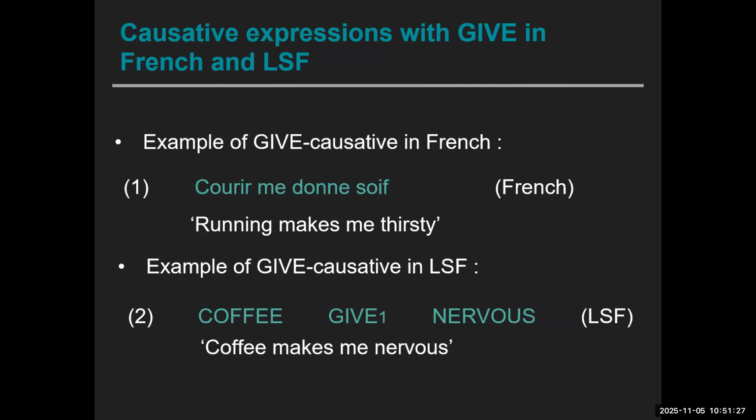You can see this sentence here. I'll translate it into international sign. Courir me donne soif. So running makes me thirsty. So something has happened and it has caused a shift in me. So it has given me something.